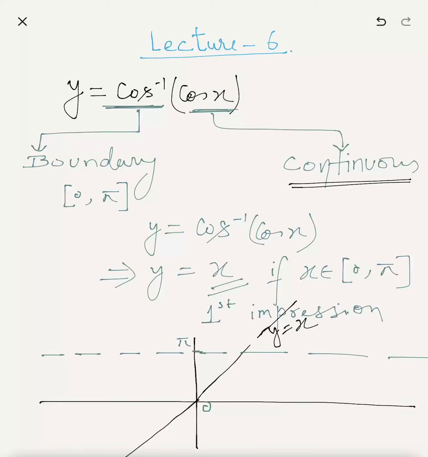When we fold, this portion will be removed, and it will be folded at y equals to pi. So when you fold it, you will be getting a branch somewhat like this. Again, this portion is going out of 0 to pi, so bring it under 0 to pi by folding it at boundary 0.